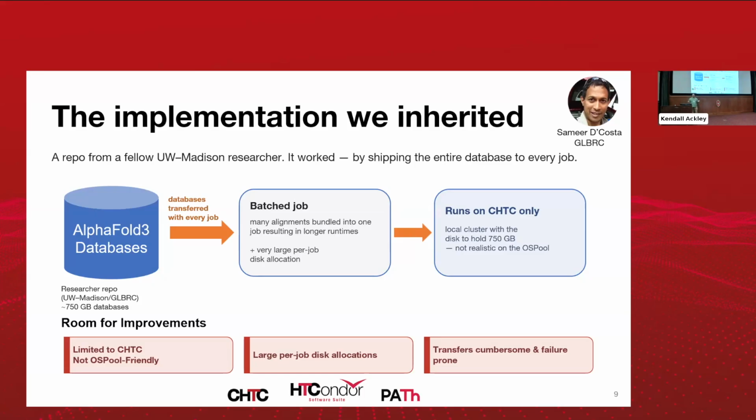One of the big things that made it very difficult to scale up was that it shipped those databases back and forth for every single job. Beyond that, there were high disk allocations that we had to set up for each job. If you sent out 10 jobs, you had to find about 10 terabytes of disk to pre-allocate for them. So it became very cumbersome to transfer this data and get it to the EP when it was needed.